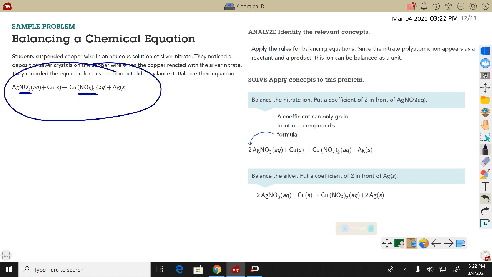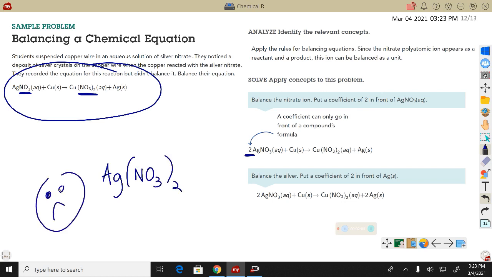My only choice seems to be to put a 2 in as a coefficient over here. Well, then let's just make it a 2. This is a big fat sad face.